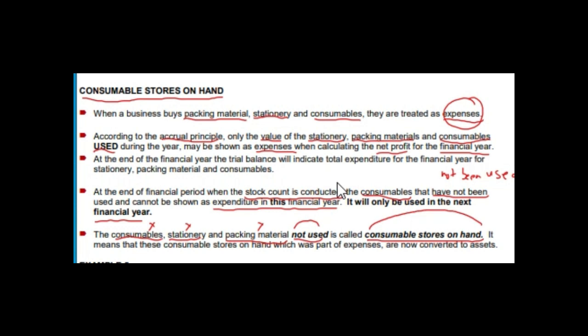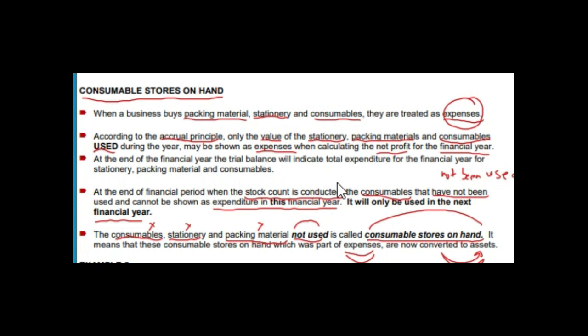It means that consumable stores on hand, which was part of expenses, will now be converted to assets. Meaning they are no longer part of expenses, but they will be converted to an asset.